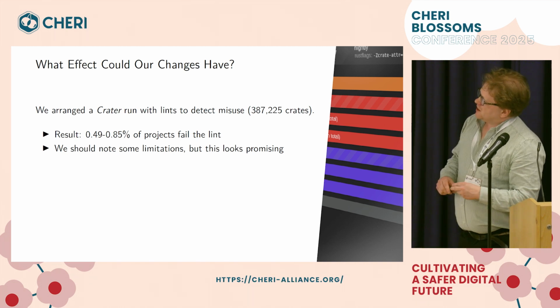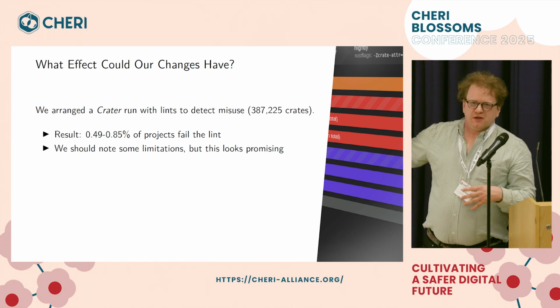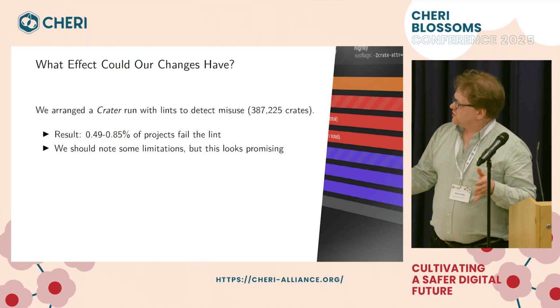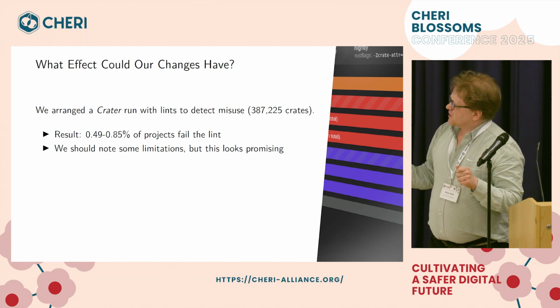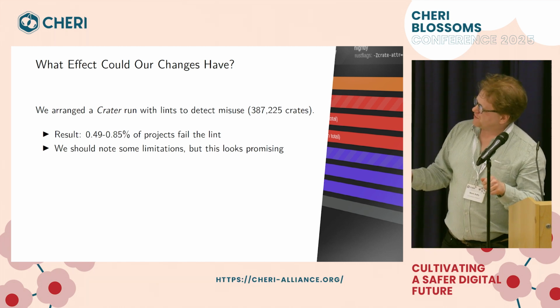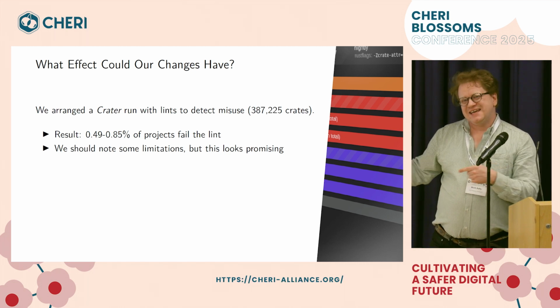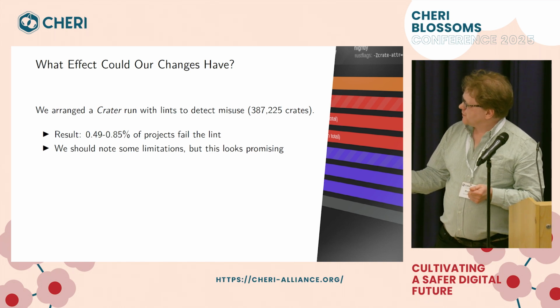So what we came upon was the possibility of running a crater run. This runs a lint over a massive amount of Rust code, and we found some lints, actually written by Ralf Jung, for pointer provenance, that caught programming idioms that would need intervention if you were porting to our Rust compiler.